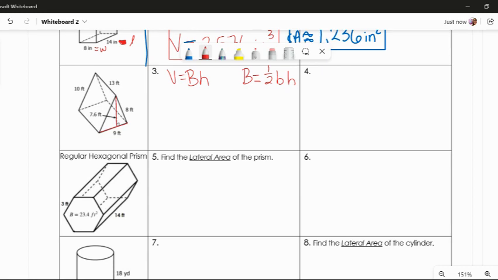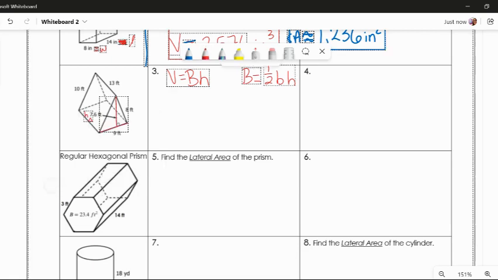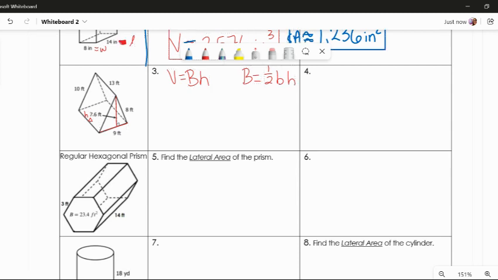This 7.6 is the height of the triangle. I'm going to use the subscript of the triangle so that I know that's the triangle. So height of the triangle. And this is a lowercase b. It's the base of the triangle. The height of the triangle and the base of the triangle have to be perpendicular to each other.